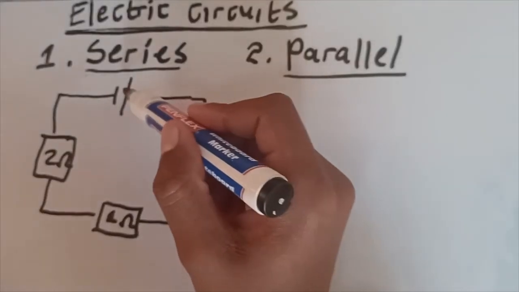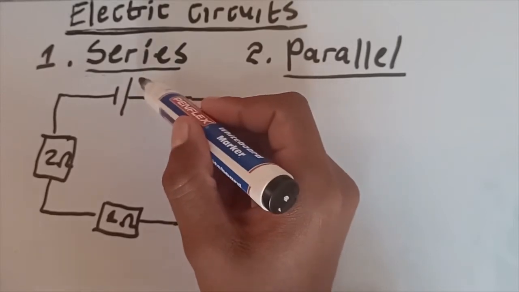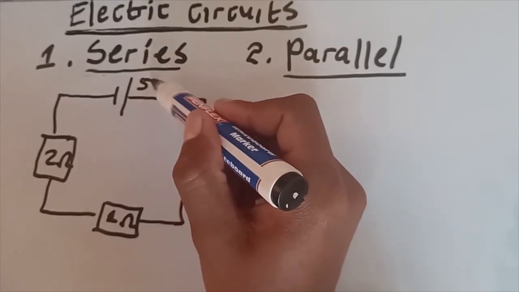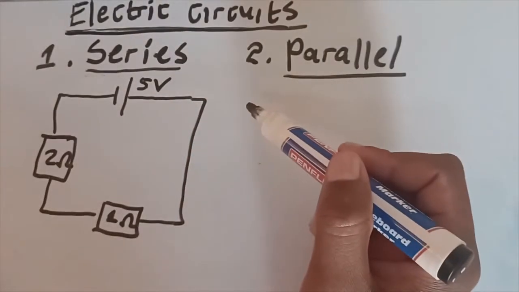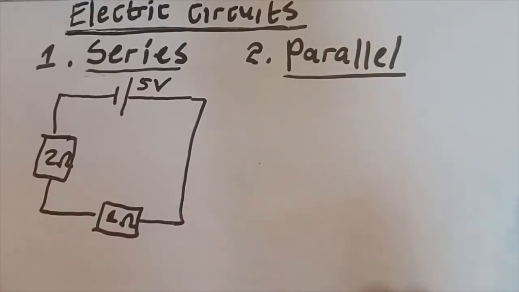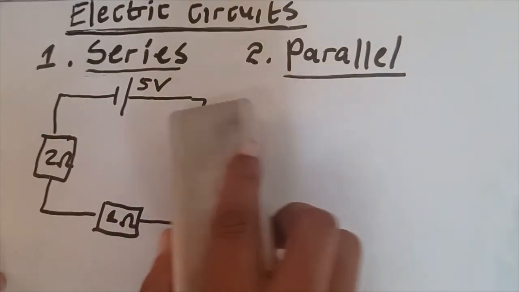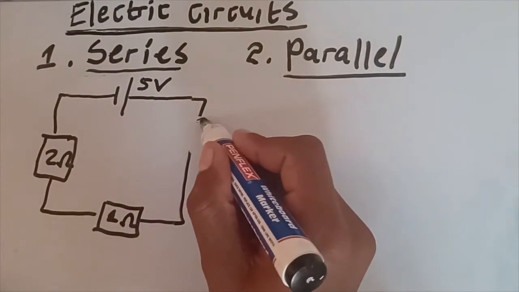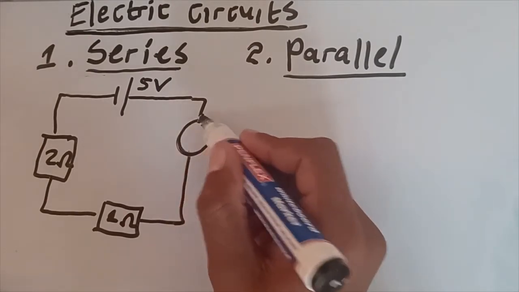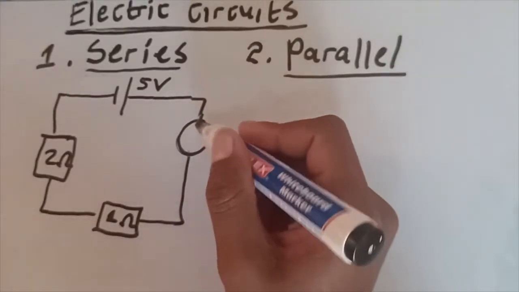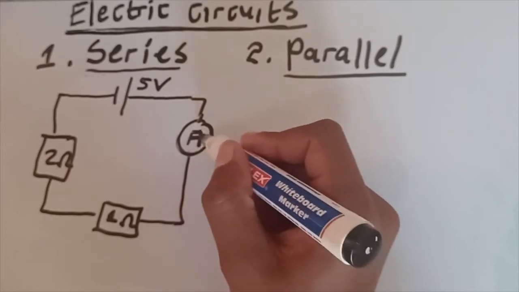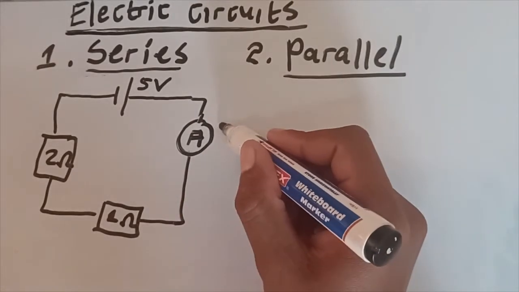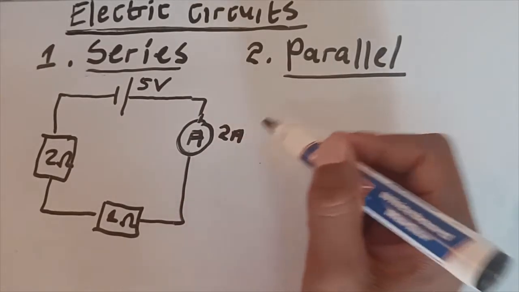Let's assume that our battery has a voltage of 5 volts. Let's add an ammeter here. The ammeter is the component that measures the current in the circuit. Let's say our current is 2 amperes.